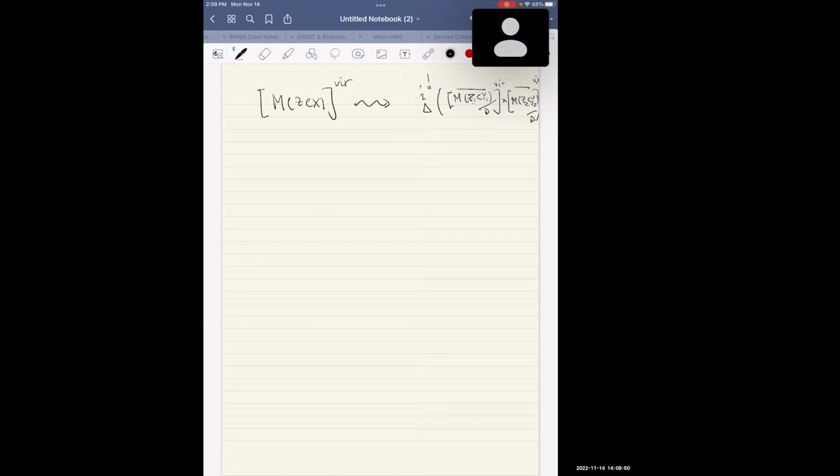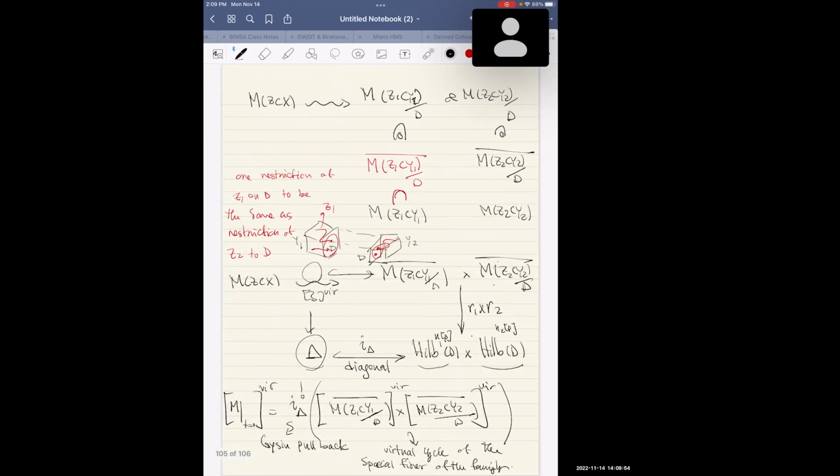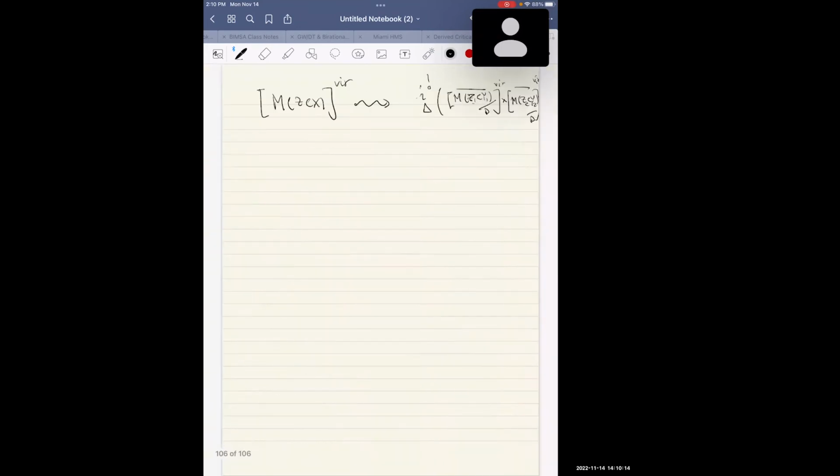But then you might say, is this true? Is there only one choice of such compactification? No, because the curve class beta is still free. So the curve inside Y1 can have curve class beta 1, and the curve inside Y2 can have curve class beta 2. So there are many ways of breaking beta into beta 1 and beta 2.